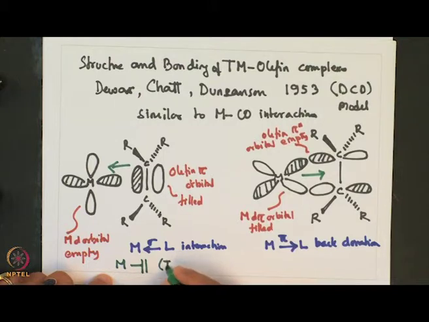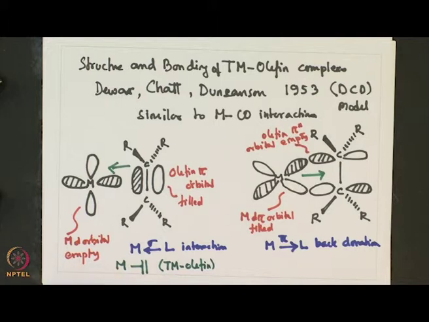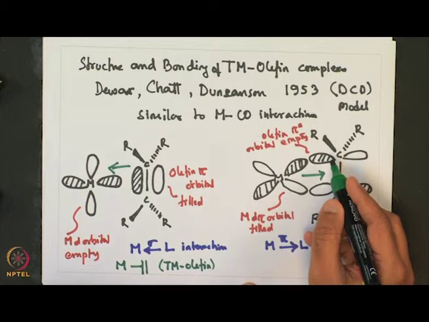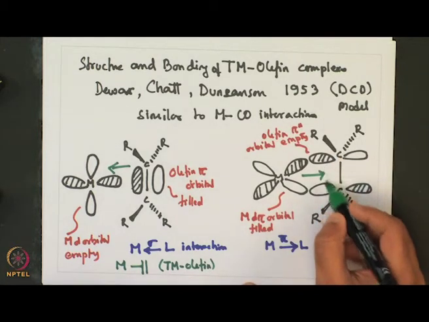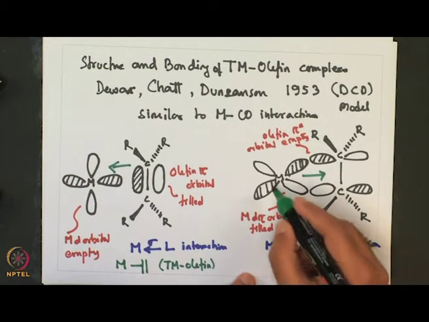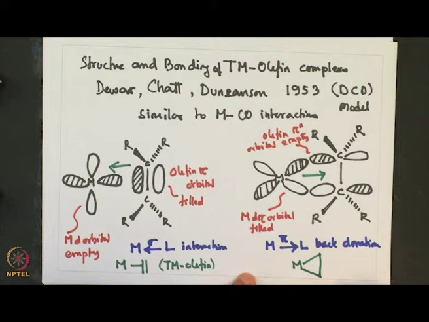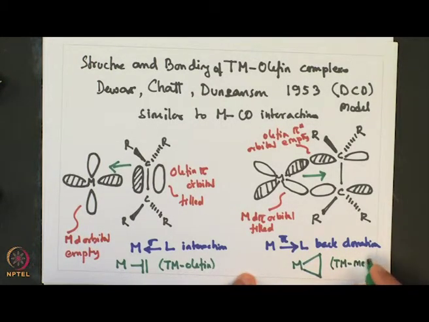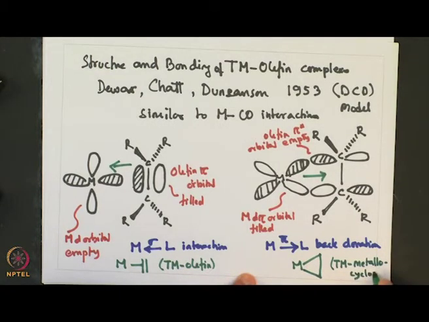These are transition metal olefin complexes, whereas in interactions where pi back donation is predominant and a significant amount of back donation happens, as a result the pi star orbitals are populated, and that leads to the formation of metallocyclopropane, and these are called transition metal metallocyclopropane intermediates.